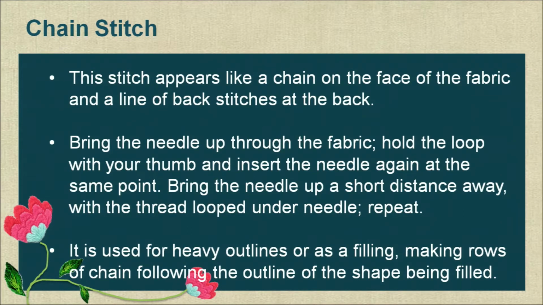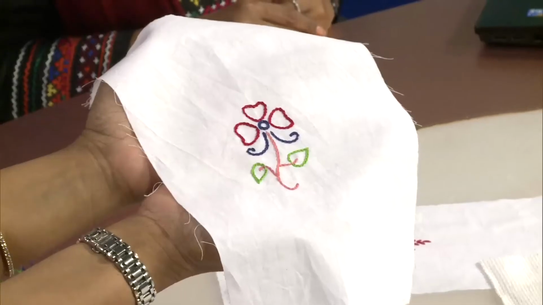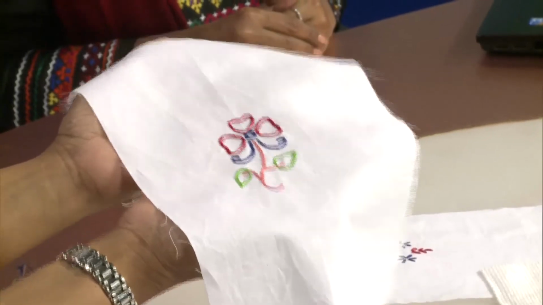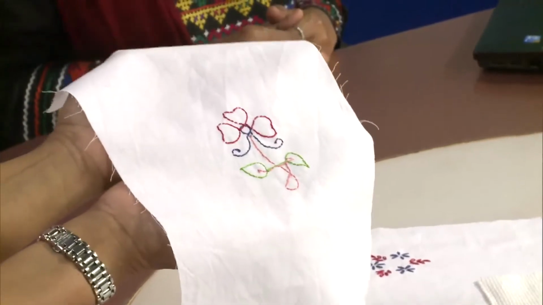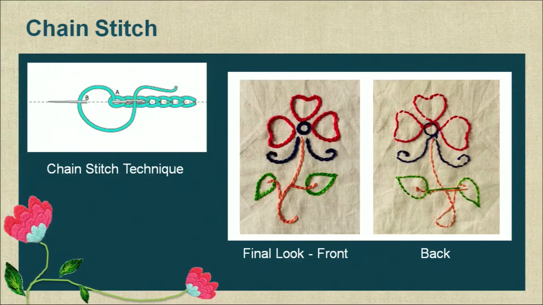So we can see these samples over here now, and Sarika will again show us the demo of the stitch. This is how the sample looks from front and back side. Let's quickly look at the stitch, how it is performed.